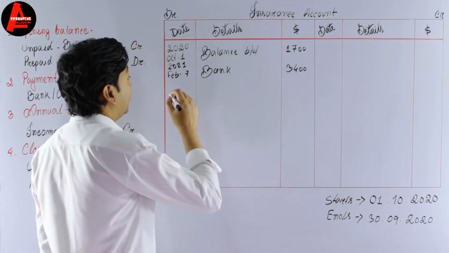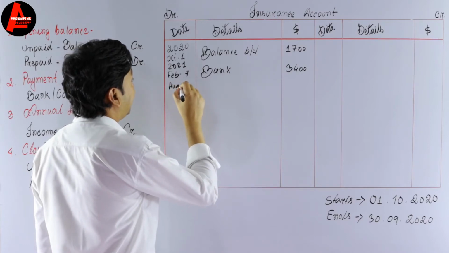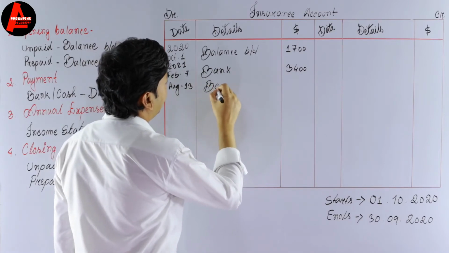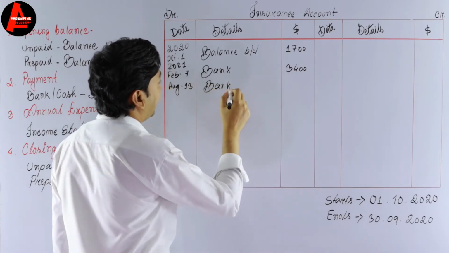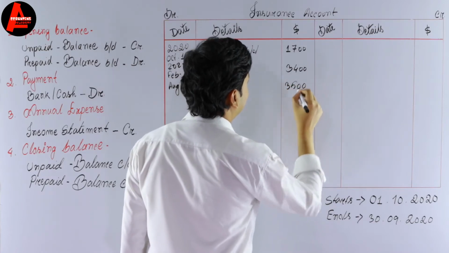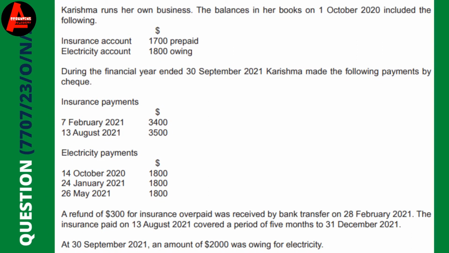So again we will write August, same year, August 13. It is paid by check. We will write here bank, amount is $3,500. Okay, very good. Then what we have here, electricity payments. Okay, this will come on the electricity account, which will be shown later.